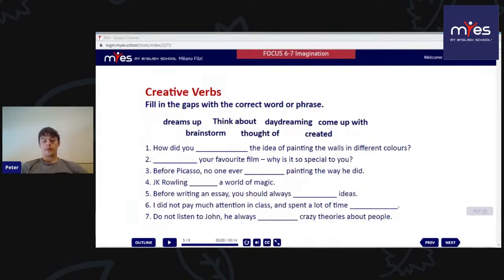All right. In the comments, I want you to fill in the gaps with the correct word or phrase. Remember, so how did you... remember to look at the sentence. Read the sentence and make sure the verb agrees.